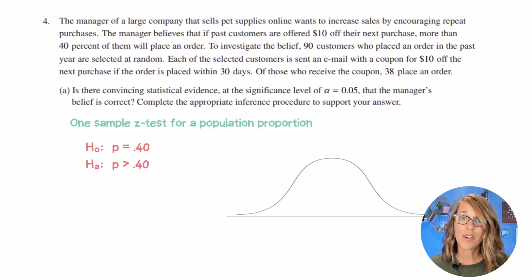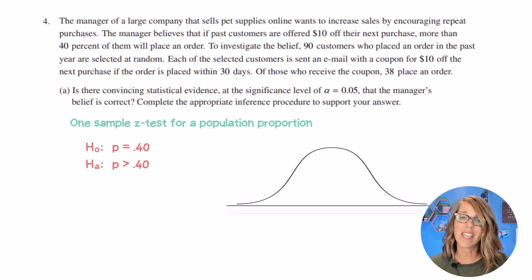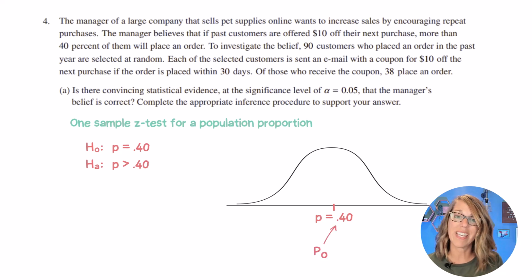Let's bring our normal curve here. Now I know that P equals 0.4 is our expected value. So that goes right in the middle. So P equals 0.4, we're going to assume this to be true. This happens to be the P0, or the P sub 0, that we saw in the calculator. We also have a significance level as we're building this normal curve.